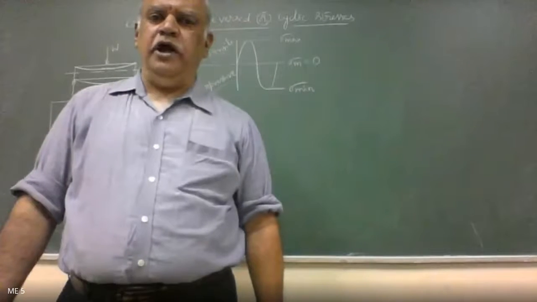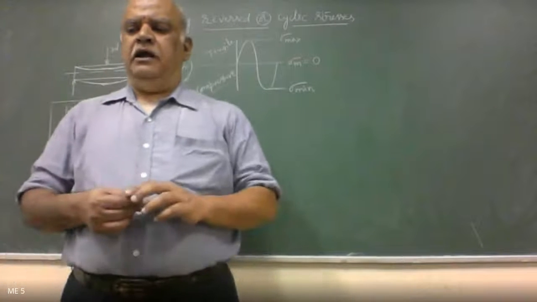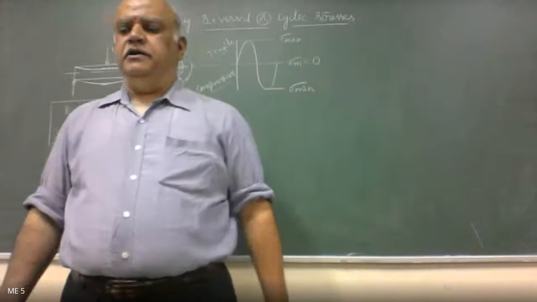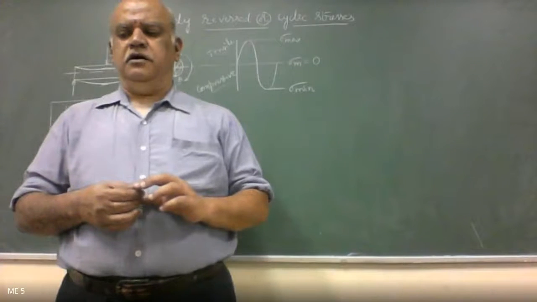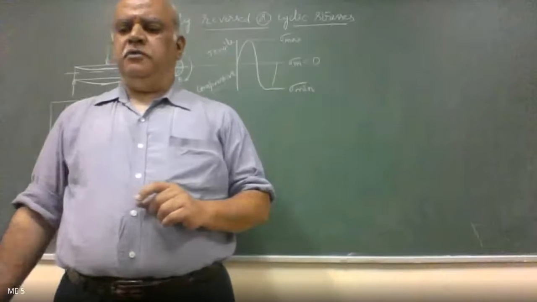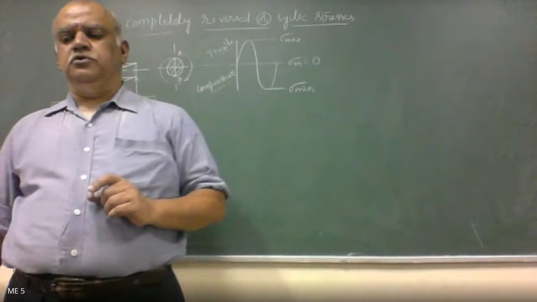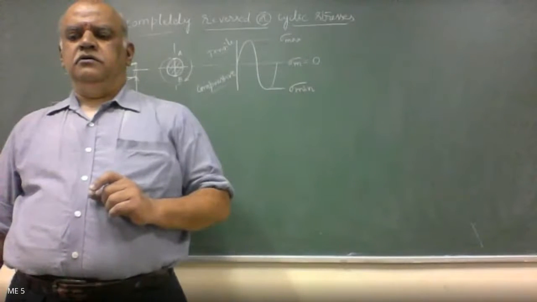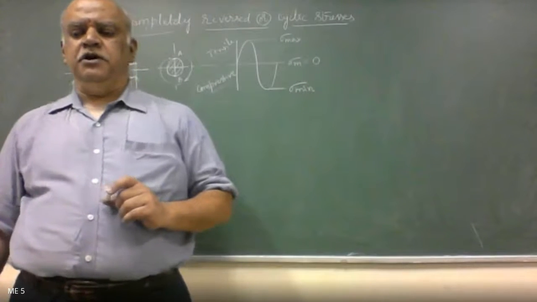Endurance limit of 280 megapascal, and a yield strength sigma y of 310 Newton per mm square, comma, assuming an FOS of 2, determine the diameter of the bar.